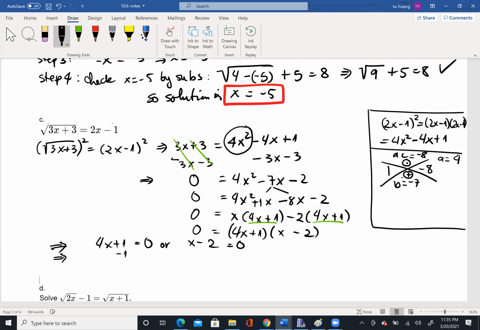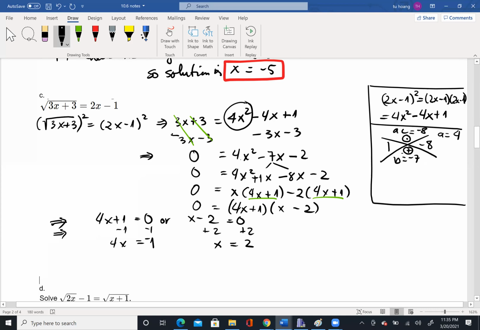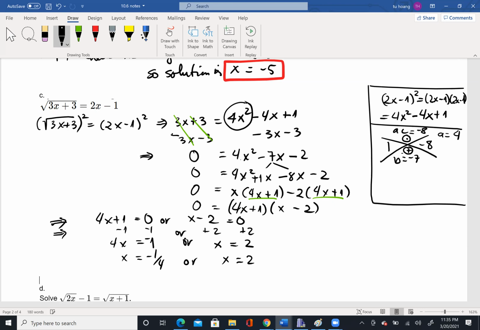I'm going to subtract 1 from both sides, and then I add 2 to both sides. So I have 4x equal to -1, and here x equal to 2, and then I have x equal to -1 over 4, and x equal to 2. So these two may be the solutions, maybe.